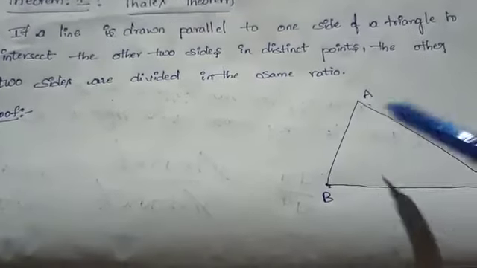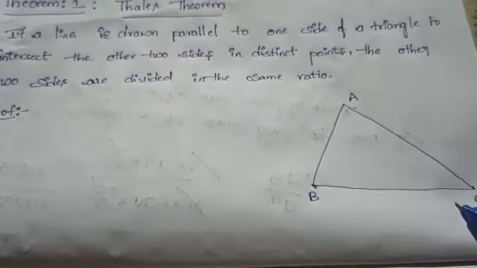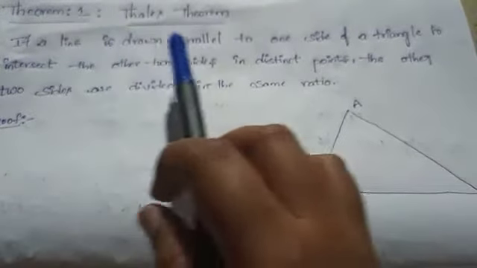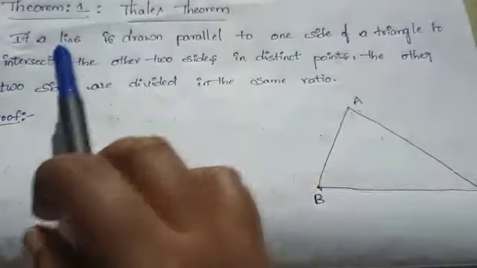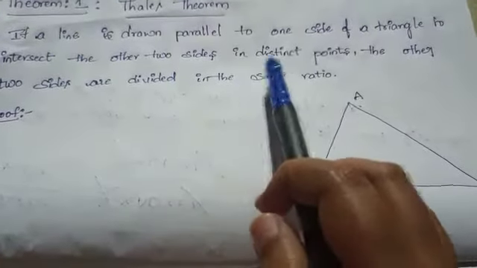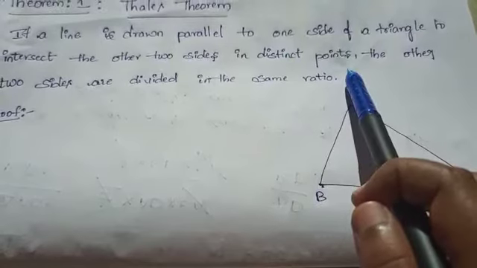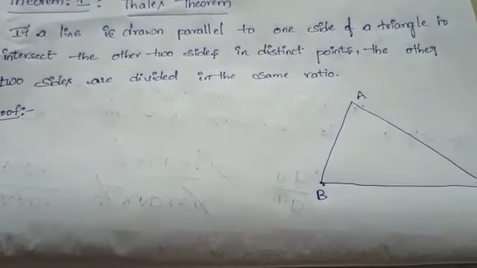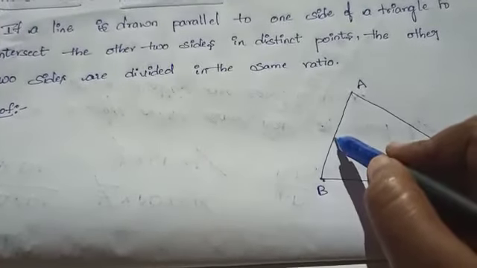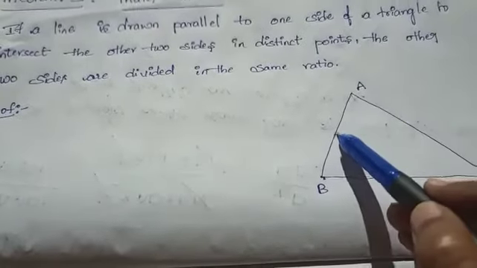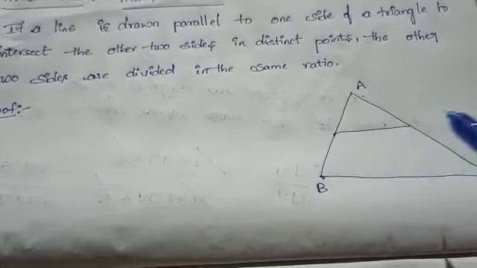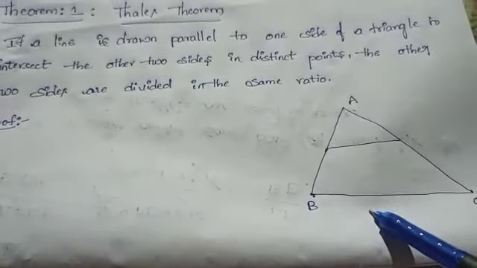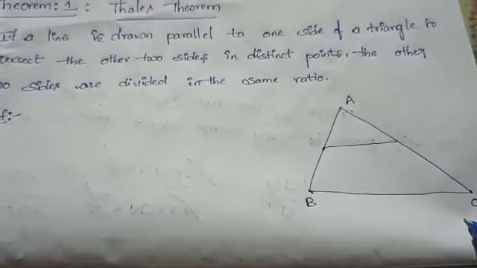Okay, see, ABC is a triangle. A line is drawn parallel to one side of the triangle to intersect the other two sides in distinct points. Suppose here, draw one line parallel to BC.